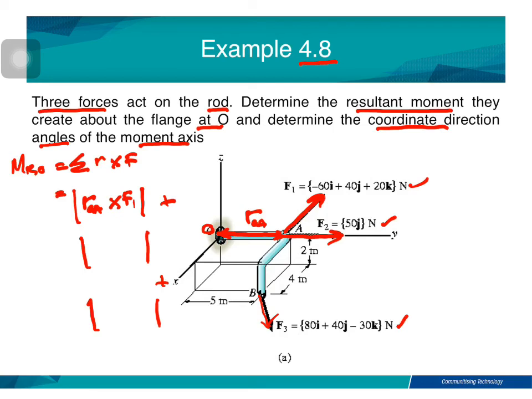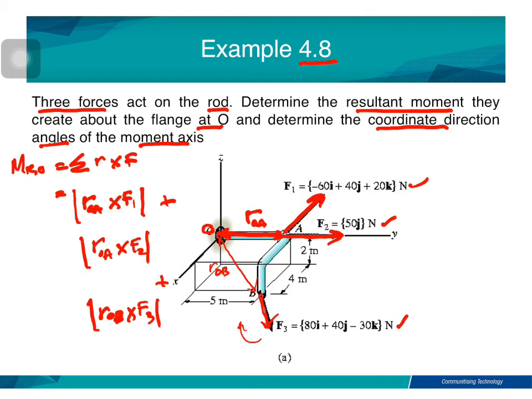For F2 we also can have this RA, so ROA also crosses F2. And then plus the last force here. This force is going to be resolved at point O, so we need to get these position vectors, O to B. The last one, we need ROB cross F3.